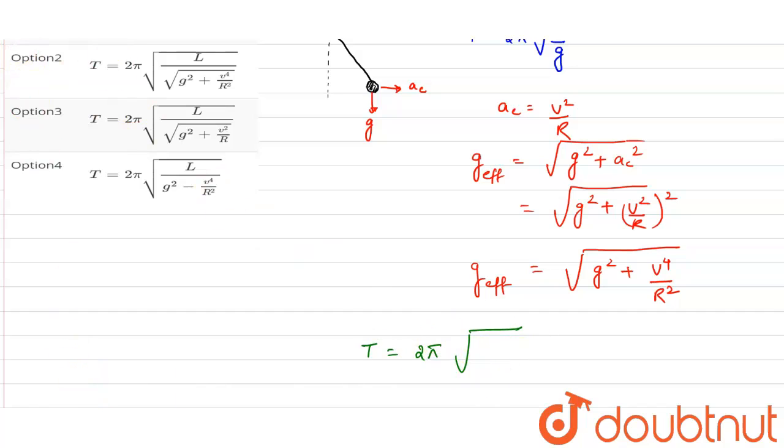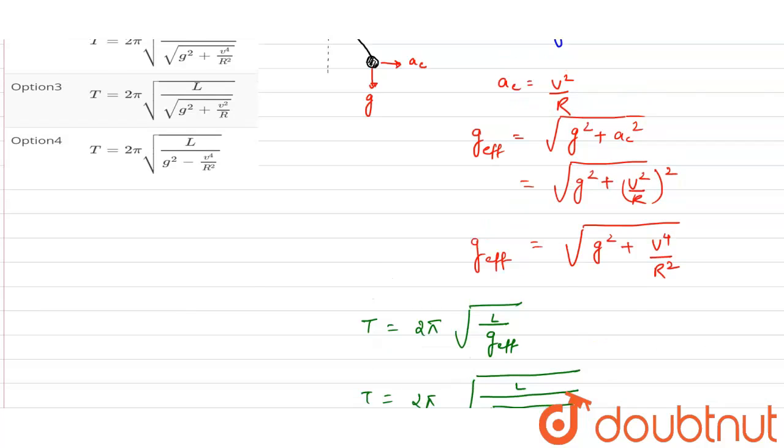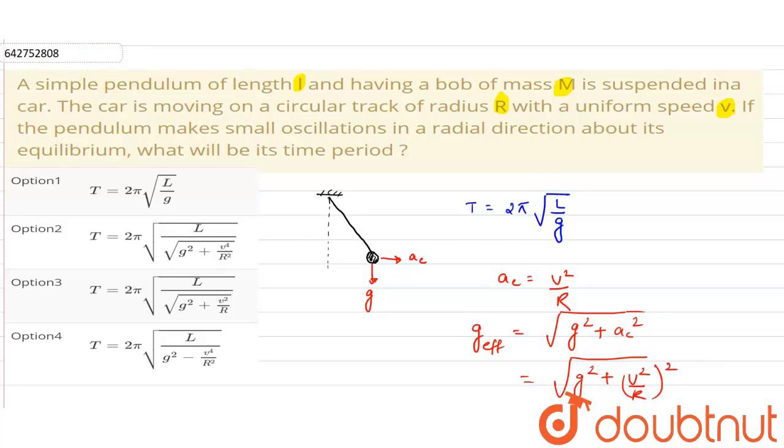So the time period from here comes out to be 2 pi under root of L divided by under root of g square plus v raised to the power 4 divided by r square. Now choosing from the options, we get option number 2 is the correct option for us, where T is 2 pi under root of L upon under root of g square plus v raised to the power 4 divided by r square.